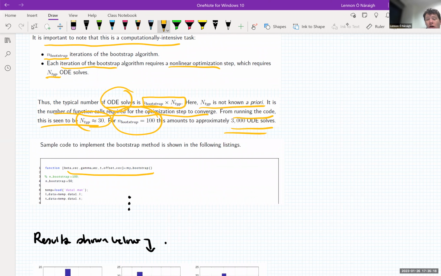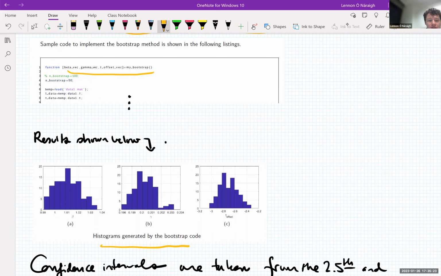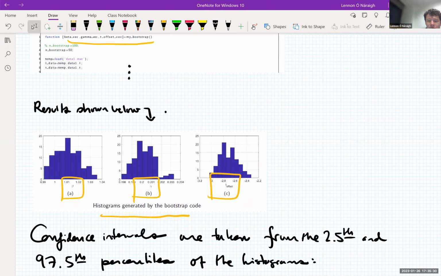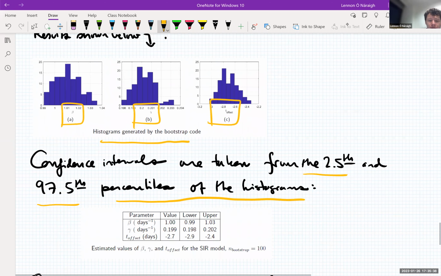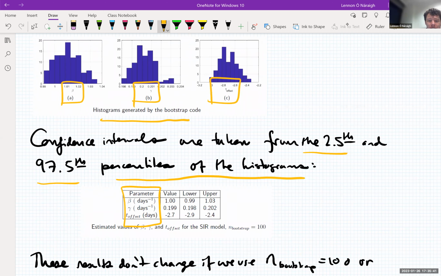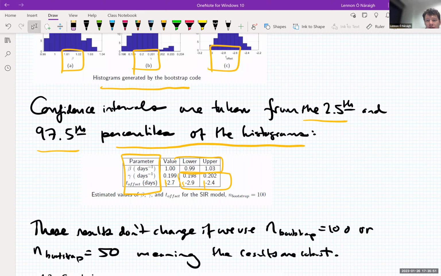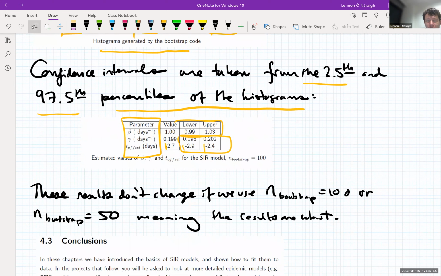And I also share with you the code to do the bootstrapping. And I show the results. So I have the histograms for beta, gamma, and t offset, and I take confidence intervals from the 2.5th and the 97.5th percentiles of the histograms, and that gives me my parameters, beta, gamma, and t offset, with upper and lower bounds taken from the confidence intervals.